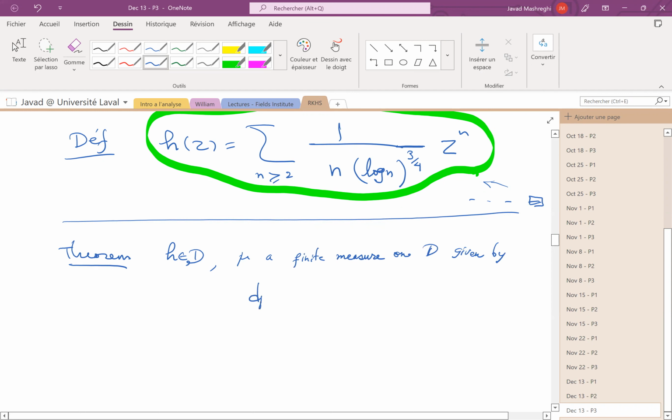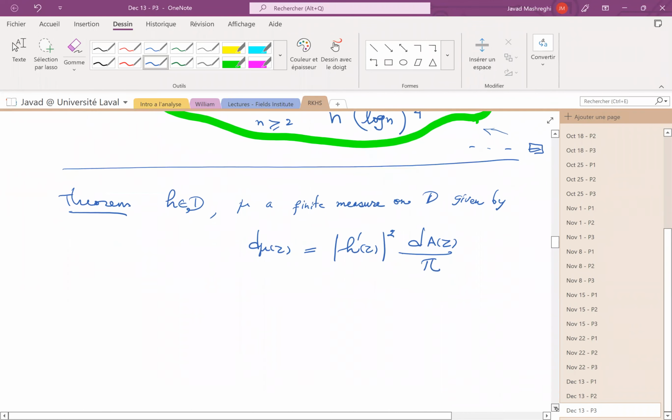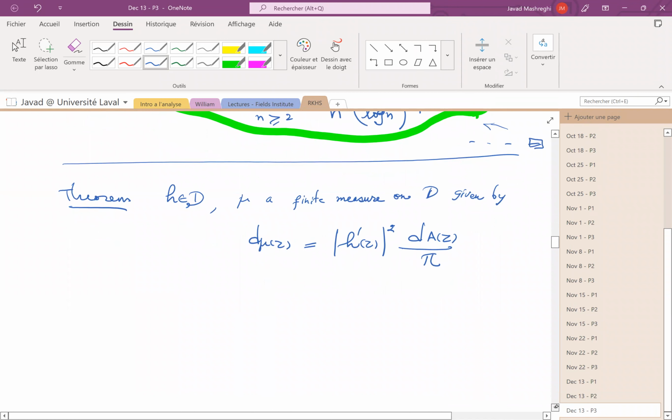And d mu is defined to be |h'|^2 dA, where dA is dx dy divided by pi, it doesn't matter, it's just a normalization factor. The prime makes the difference in Dirichlet spaces. So this is our measure defined via the function h.